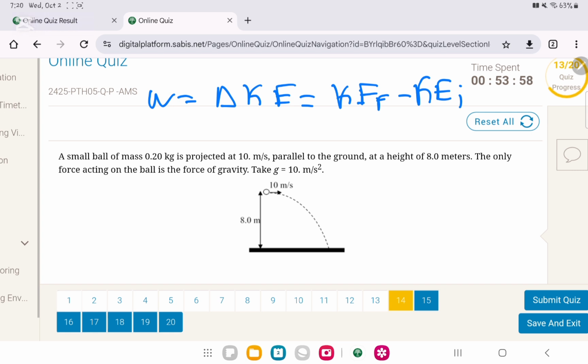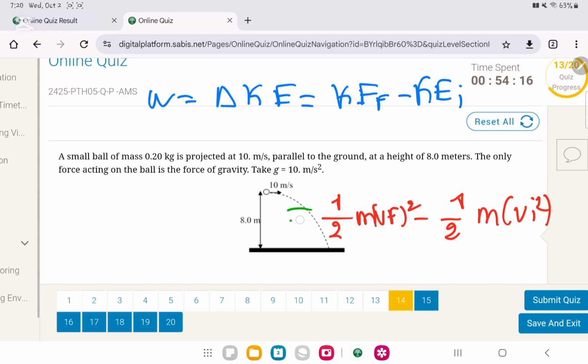Let's write the equation first of all. Work is equal to 1 over 2 m times v final squared minus 1 over 2 m times v initial squared. This is the work energy theorem.